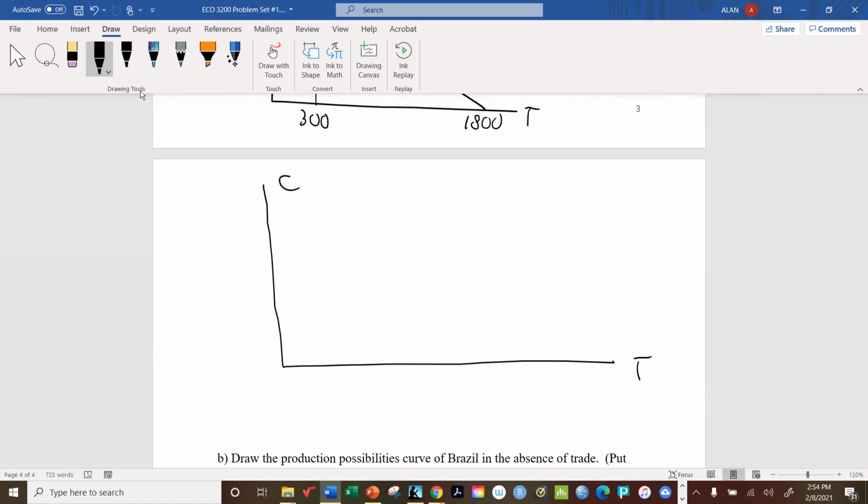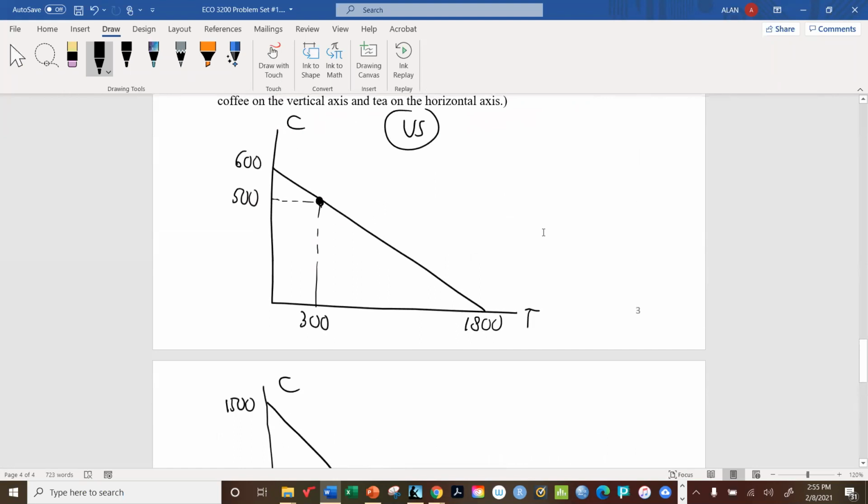Okay, so the curve will be quite steep compared to the US. We're limited to 1,500 coffees and 250 teas. And so this is a very steep curve compared to the US.